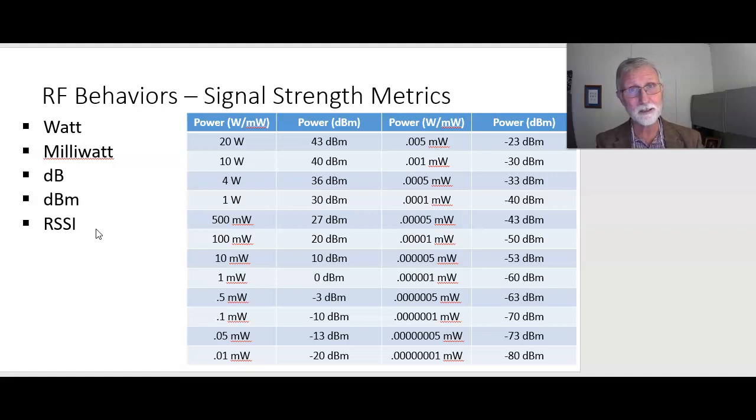So each vendor has picked and chosen what it wants to do. So if your vendor uses RSSI, definitely check the owner's manual to see how it is being measured. Now, some of the newer stuff is falling away, and most of it's all in dBm. So just know that you may see that term out there, but it's kind of falling by the wayside.